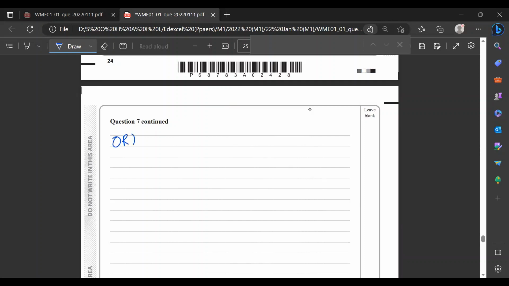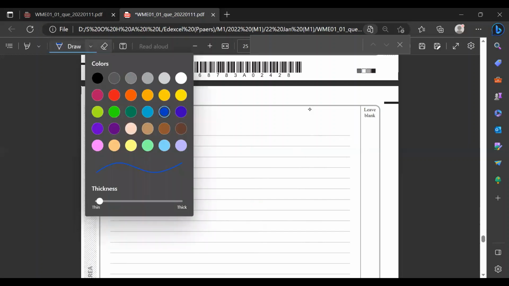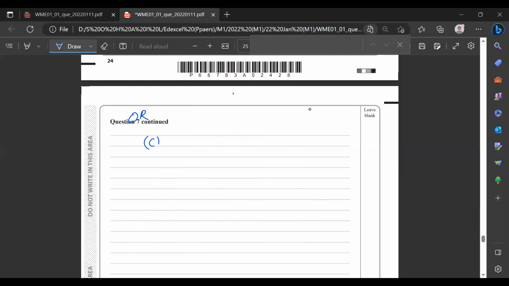Or part C. Simply for this, you'll have to keep in mind a formula. This force was T newtons. This force was T newtons.